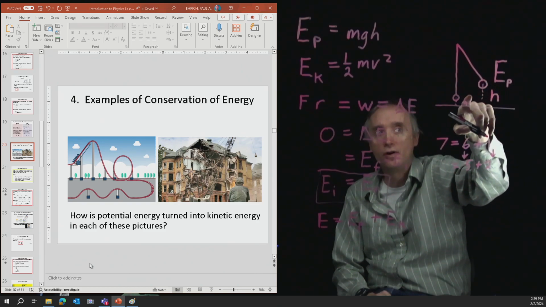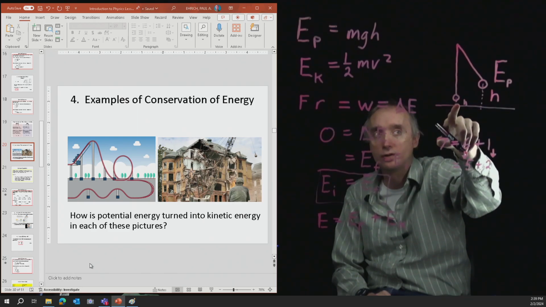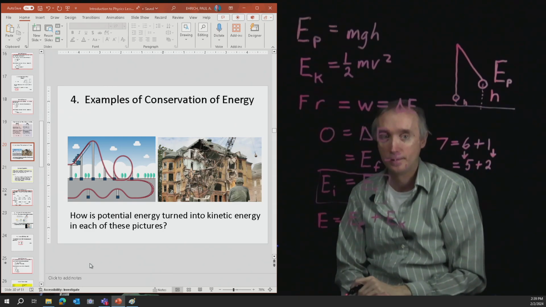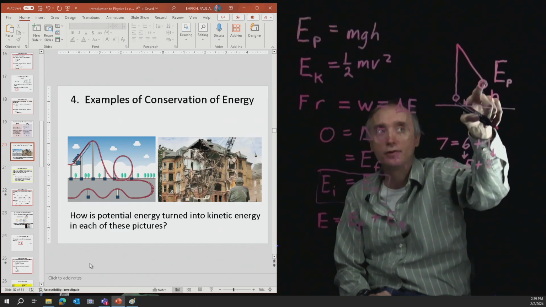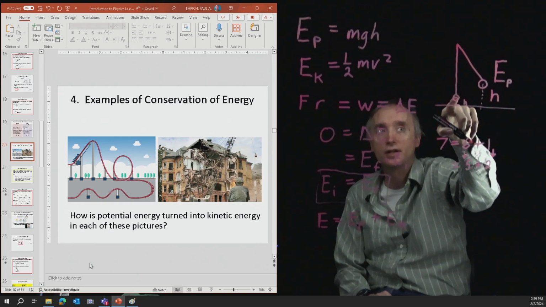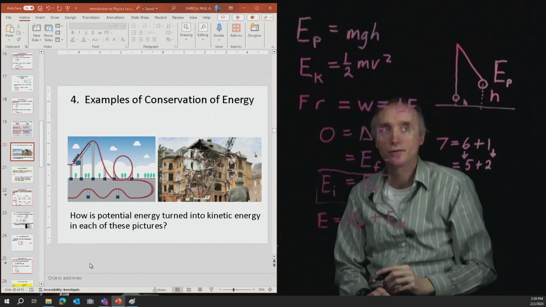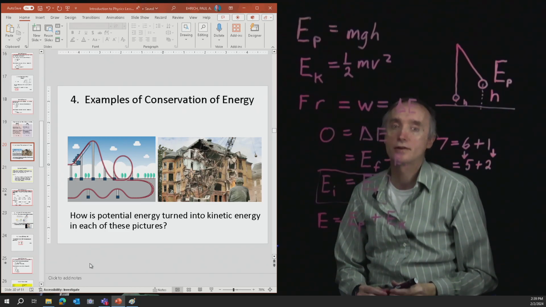Now, as it's falling, the potential energy is getting smaller and smaller. So what must be happening to the kinetic energy? It's going to be getting bigger and bigger. So by the time that it's down here, the energy it had, which was potential, is going to be turned into kinetic, and then that kinetic energy is what's going to cause the house to be smashed.